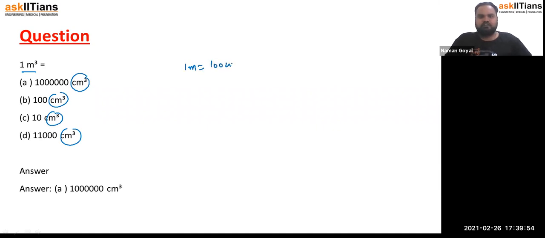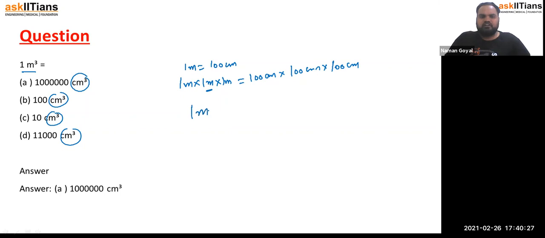100 centimeters are there. So 1 meter cube can be written as 1 meter into 1 meter into 1 meter, right? If we multiply 1 meter three times, we get 1 meter cube. So in the place of each 1 meter, we can write 100 centimeter.